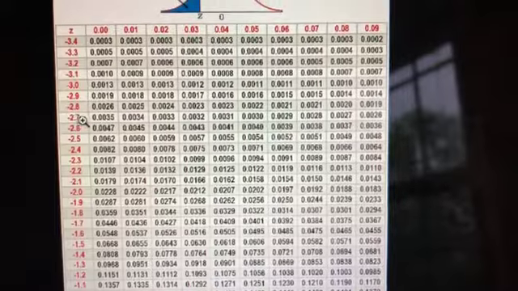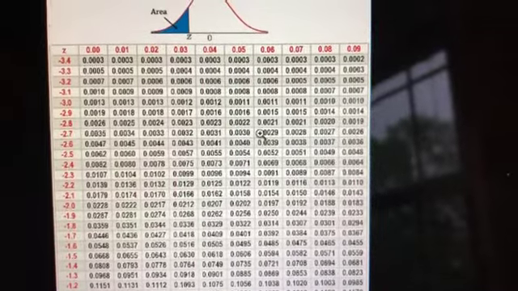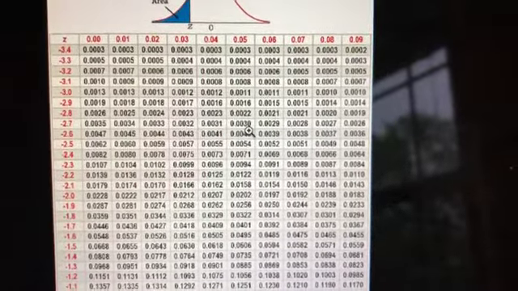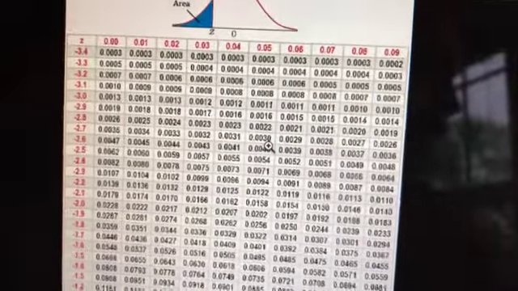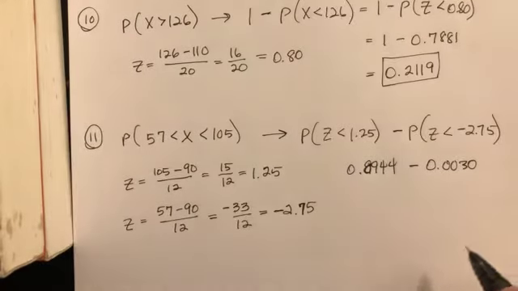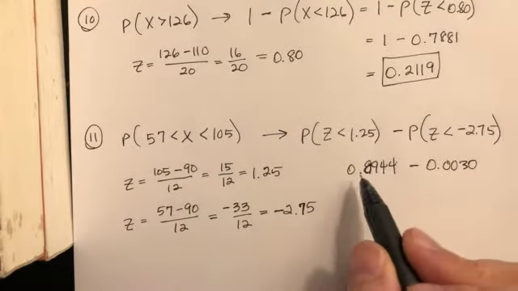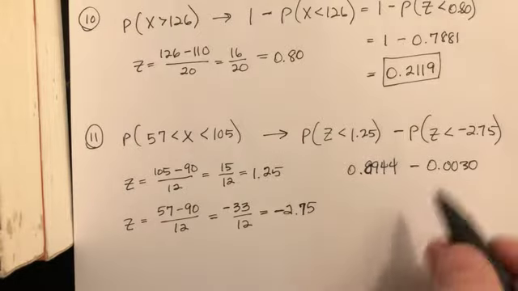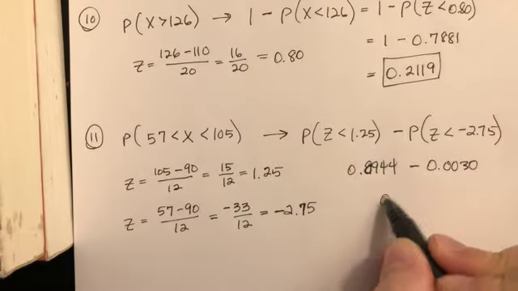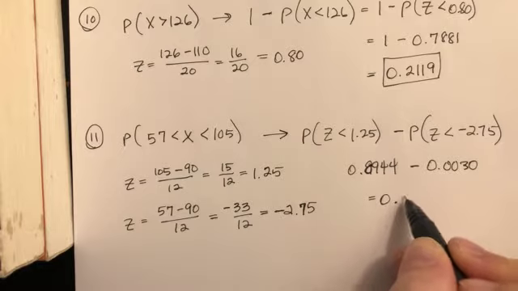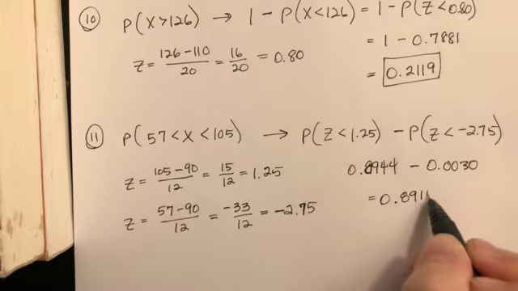Well, there's negative 2.7. I'm going to go over to 0.05, and that's 0.0030. Okay. All right, 0.8944 minus 0.0030, you would get 0.8914, I guess.